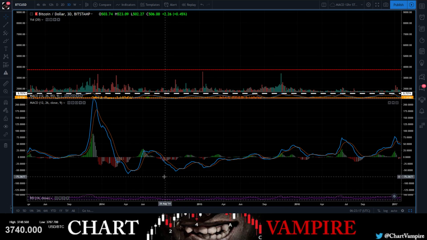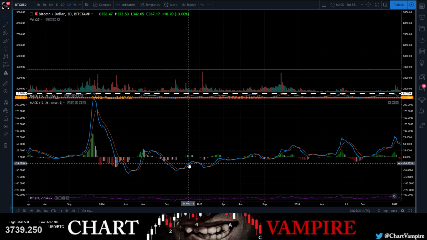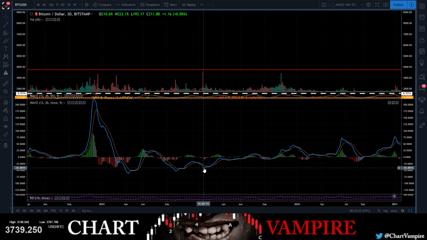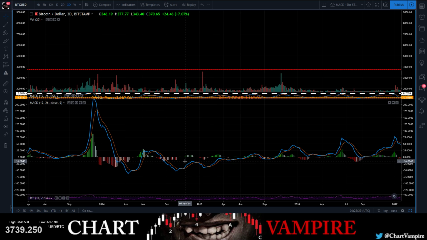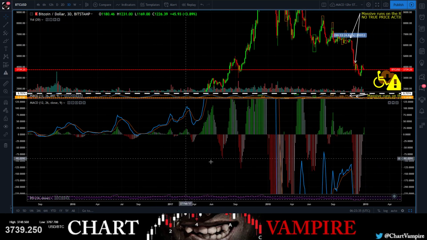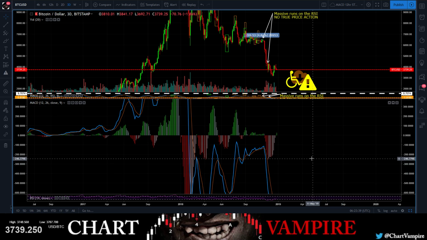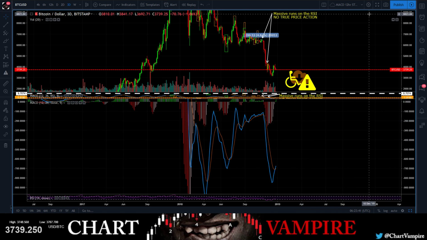See, so we went up, we rolled up for a little while, and then we moved down. Now this is a 3-day chart, so this took a long time. That moved sideways for a long time before it finally fell out. So let's see what happens here. Very interesting.